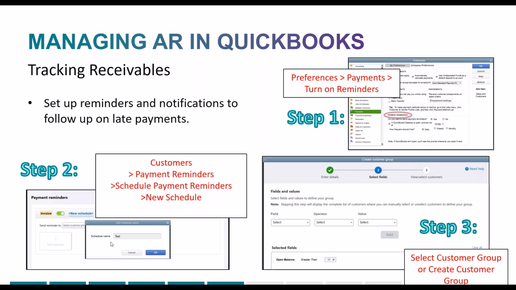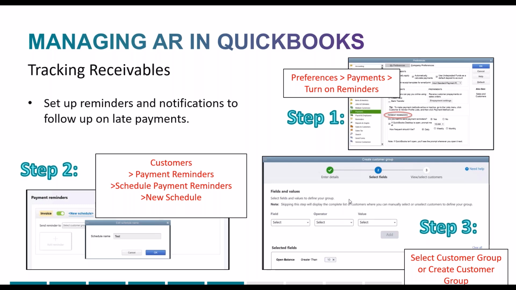Then the next thing that comes up is going to be defining a customer group. Again, we're under the assumption here that we don't have any customer groups to select, so we need a new one. When you do that customer group, you get to pick field, operator, value. That is going to be like date of invoice, right?